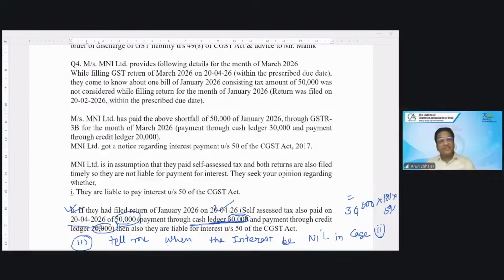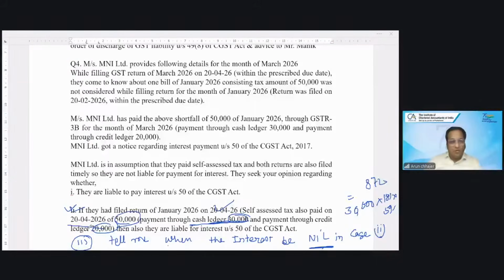Now, in this case also, what do you additionally require for the interest to be nil? In which situation will the interest in case 2 be zero? No, please note, let me read the draft.